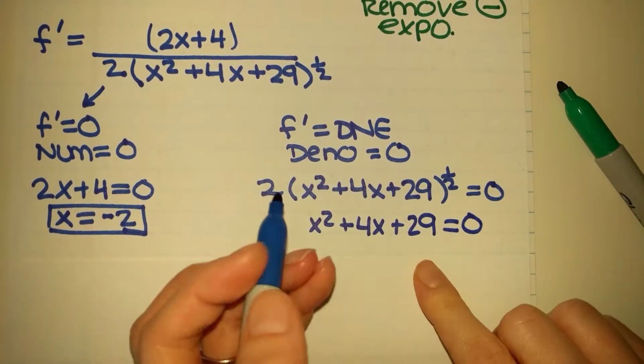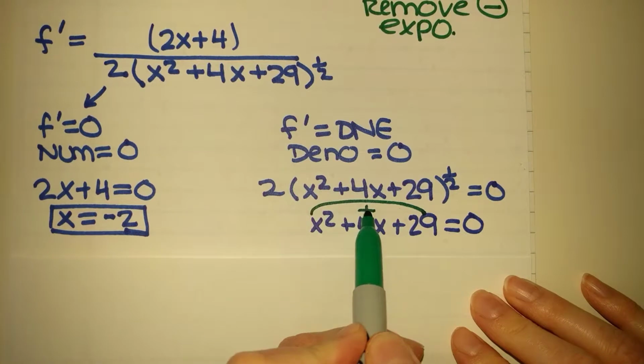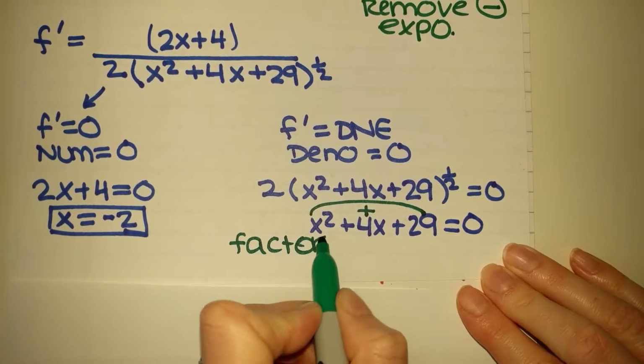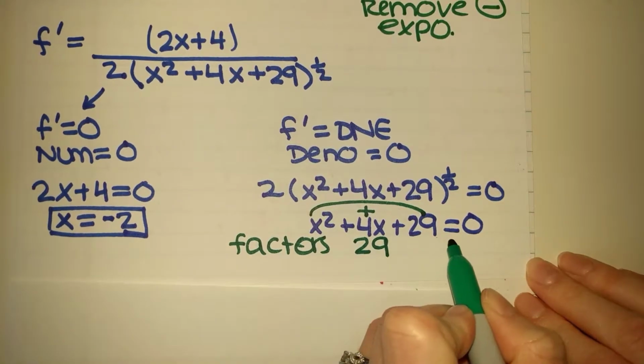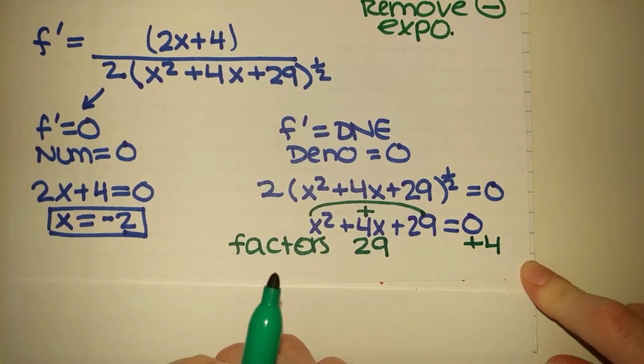Solving this equation, you think about trying to factor, because we need factors of 29 that sum up to 4, but that's not going to happen. And so this is a prime polynomial.